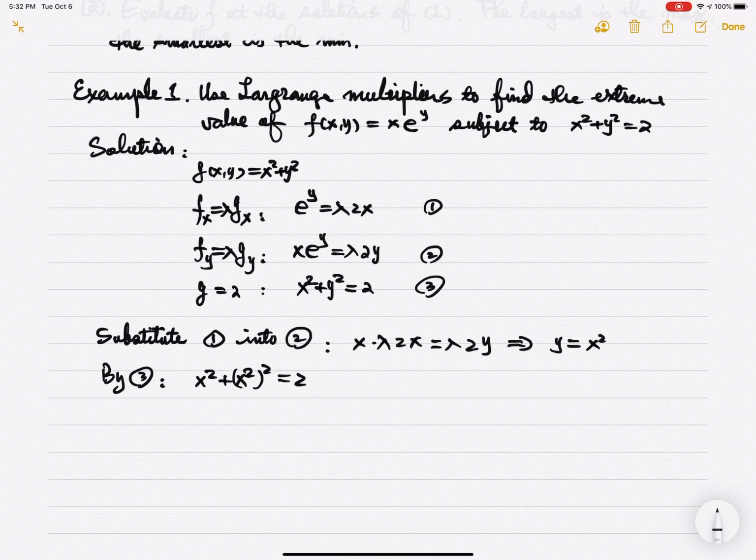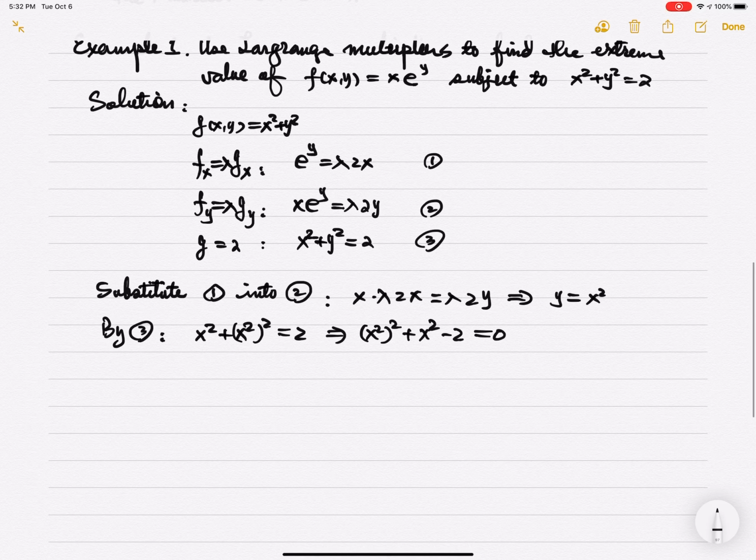Now this one, we can write as x squared squared plus x squared minus 2 equal to 0. If you factor, treating x squared as a variable, you have x squared plus 2 times x squared minus 1 equal to 0, right? x squared times x squared, x squared times -1 gives negative x squared, 2 times x squared gives 2x squared, added together equal to positive x squared. 2 times -1 equal to -2.